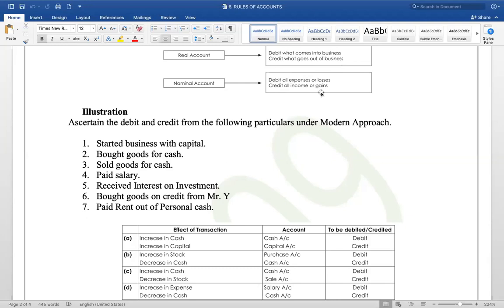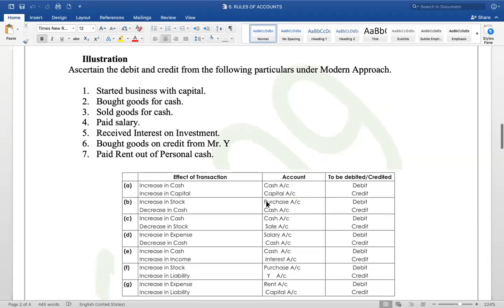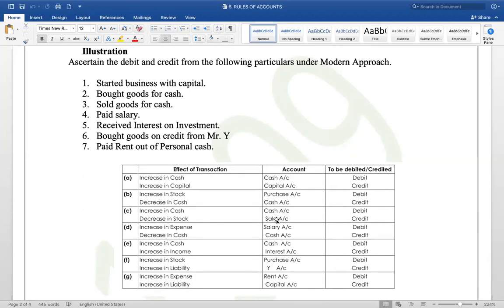So, what is income? Sales is an income. Credit all incomes. Sales is income, credited. First line, cash is coming in, debited. Cash is a real account, sales is a nominal account.